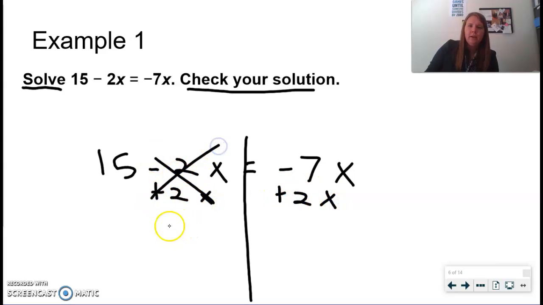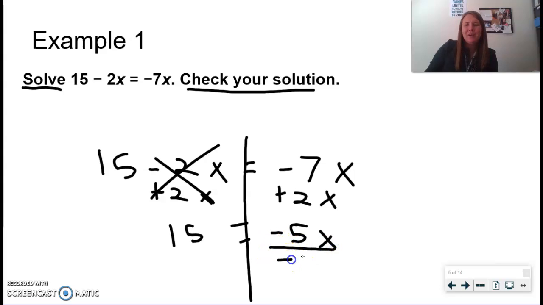These cancel out. I'm left with 15 equals, well, if I take a negative 7 plus a positive 2, remember we're just worrying about the coefficients because it's still going to stay x. This is going to end up being a negative 5x. All right, well, to undo my multiplication, I divide. Why did I say subtract?